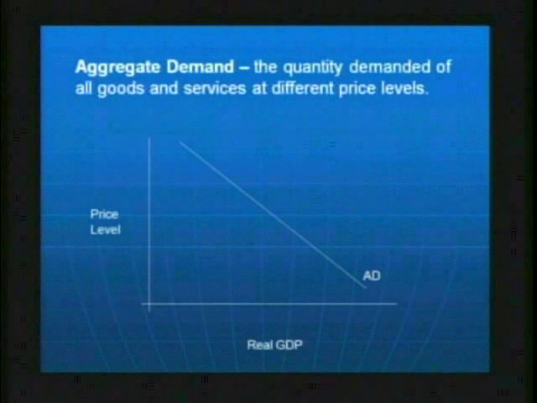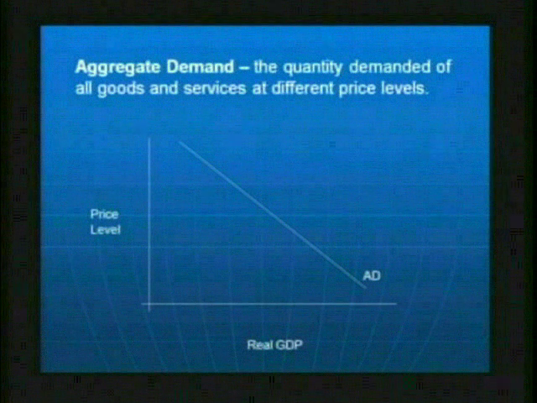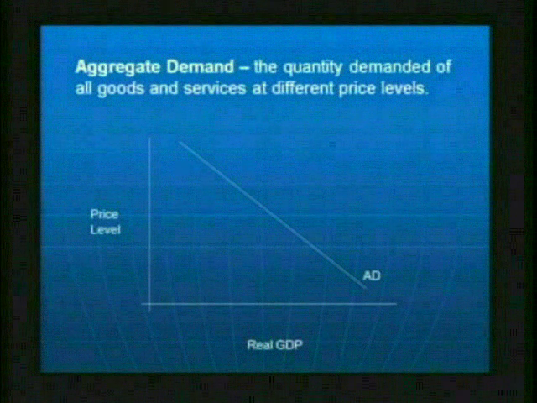What has changed is the two axes now have new names. Now they have price level and real GDP. Before we had prices because we were only looking at a single good, but now we're looking at a whole series of goods, so we're talking about a price level. Before we had a quantity of the good, but now we're talking about a quantity of a whole array of goods, so we have real GDP instead of a Q number.